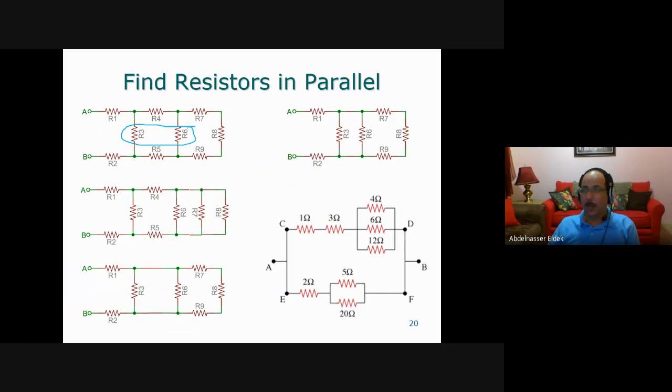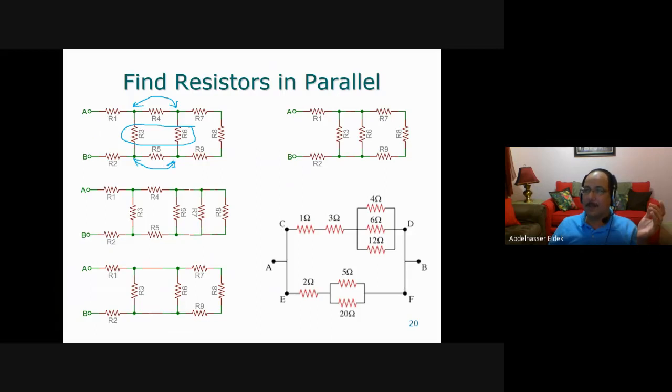No. Why? Because these two are not connected. As I said, they must be connected from both terminals. And connected means wire with wire. They are not connected from here. They are not connected from here. Then you cannot say that they are parallel.